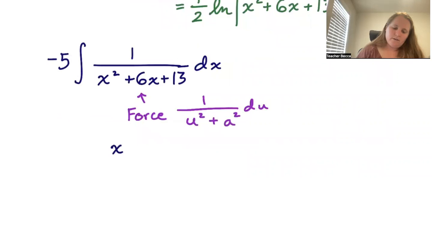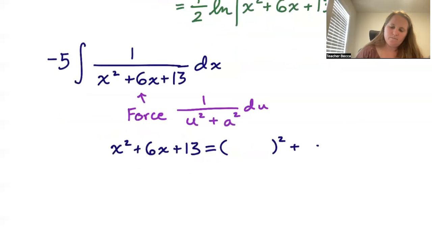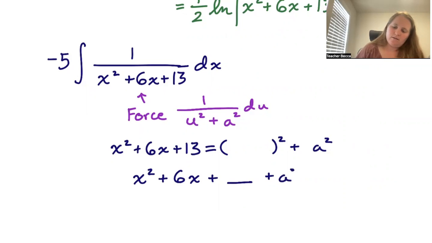So we have x squared plus 6x plus 13 is equal to something squared plus something. So x squared plus 6x plus 13, we are looking at x squared plus 6x plus blank. Then we have plus 13 minus our blank.